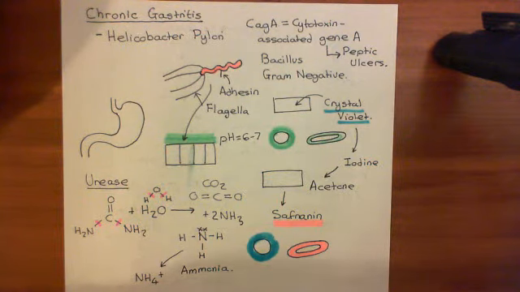But of course, what ends up happening is that it ends up burning holes in its wall, and that's a peptic ulcer. Unlike acute gastric ulcers, where you get burning of the mucosal layer, the burning of the mucosal layer of the stomach wall is only temporary and heals very quickly.